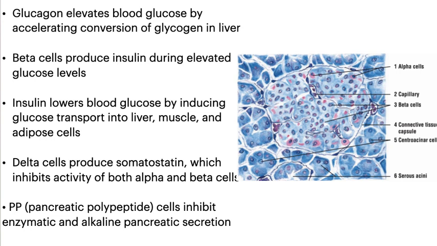The beta cells produce insulin during elevated glucose levels. Insulin lowers the blood glucose by inducing glucose transport into the liver, muscle, and adipose cells. The delta cells produce somatostatin, which inhibits activity of both alpha and beta cells. And the PP, or pancreatic polypeptide cells, inhibit enzymatic and alkaline pancreatic secretion.